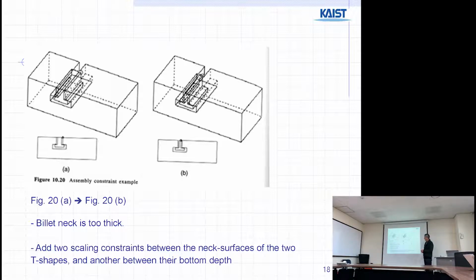And here, they need to have a clearance along the neck. They are saying the neck is too thick. So there are two constraints: one for the neck surface clearance, and the other for a bottom depth clearance. So it can fit correctly by applying proper constraints.